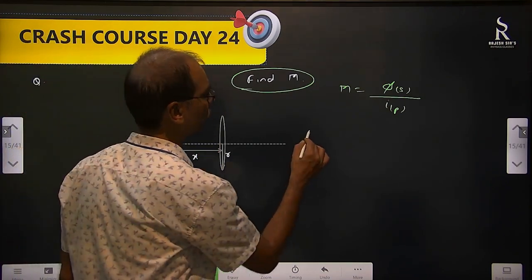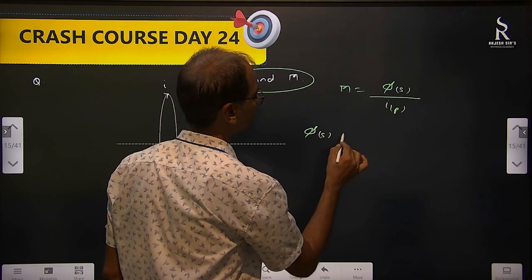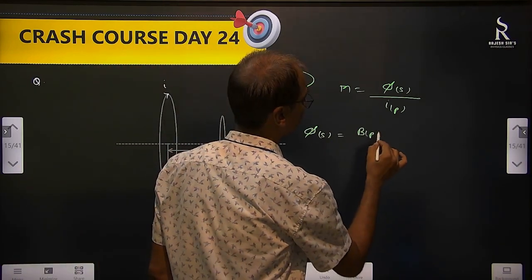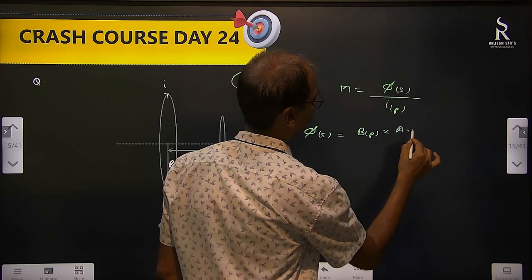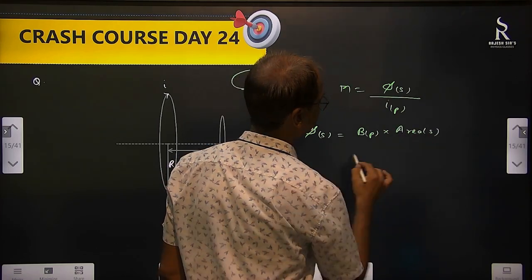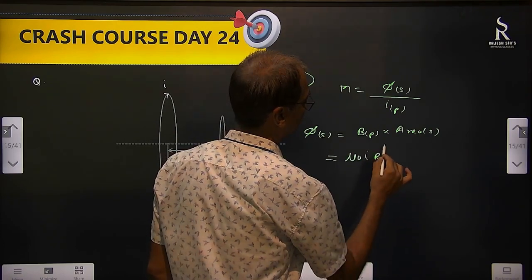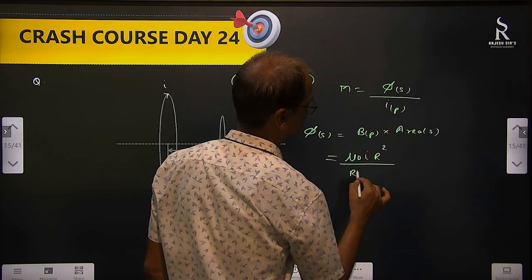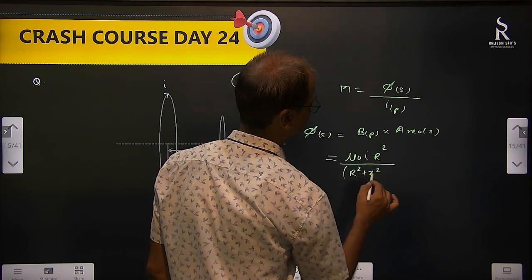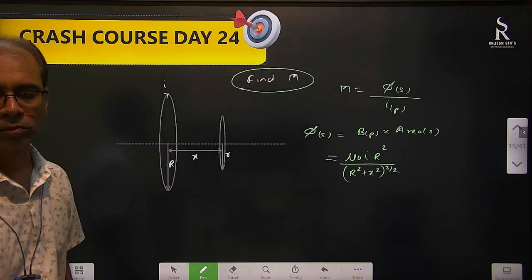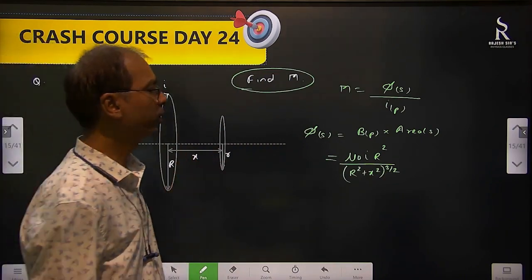The flux through the secondary we can write directly: magnetic field produced by primary into area of secondary. The magnetic field produced by the primary is mu naught I r square by r square plus x square to the power 3 by 2. Area of secondary is pi r square.